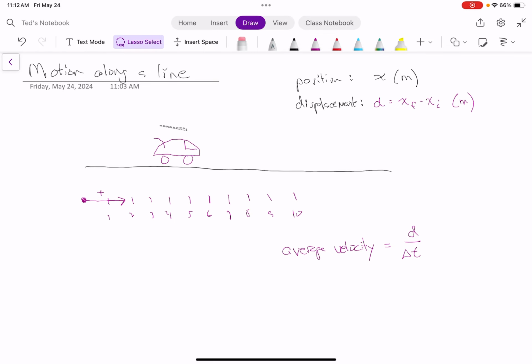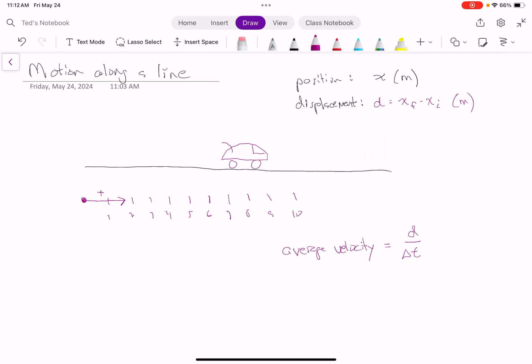This is actually a really interesting definition. It means that if we start at the 3-meter mark and we go forward and then we go backwards and we go forward again and then we go backwards again and then we end up at the 9-meter mark. I forget where we started. Let's say we started at the 2-meter mark.